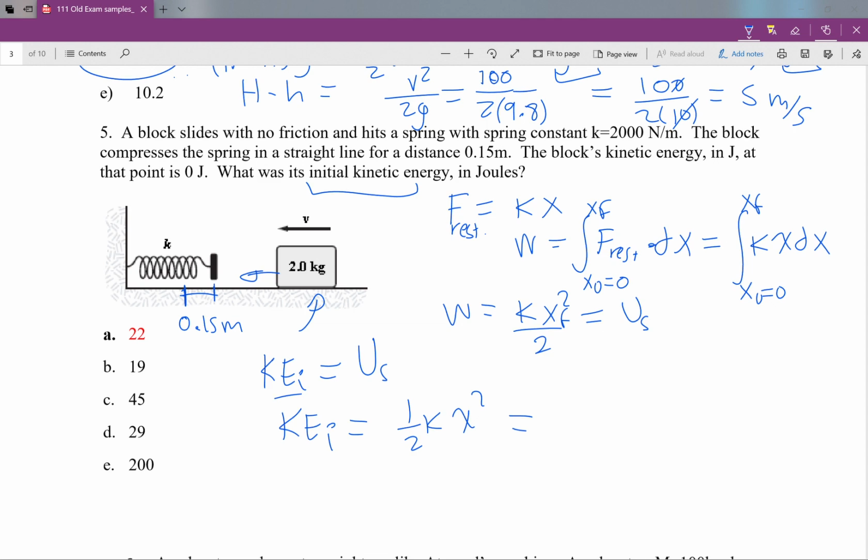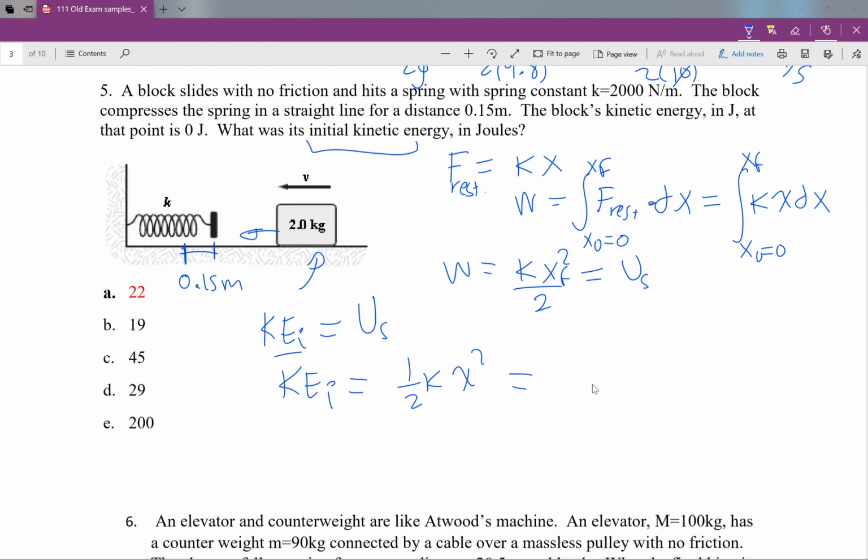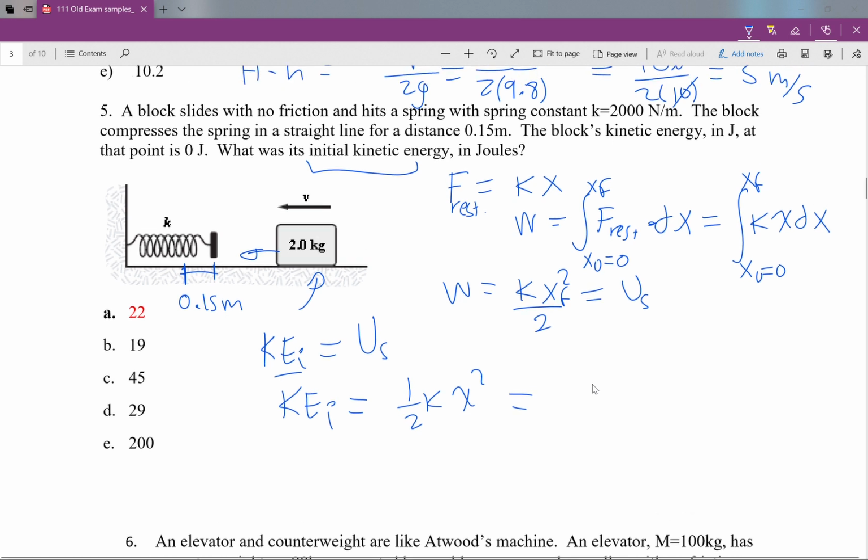And this is where I come back to the last problem: it's not good to approximate in this case. Here, you do have to use your calculator because you might not actually get the right answer by approximating. But let's see, 1/2 times the constant, which is 2,000 newtons per meter. I'm not going to write the units because there's no point.